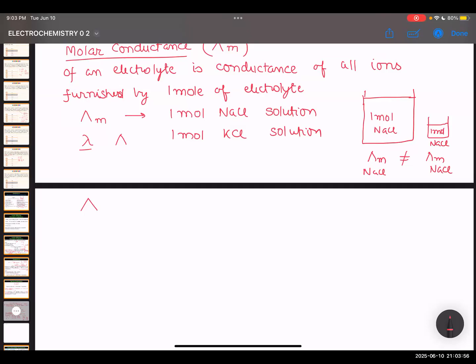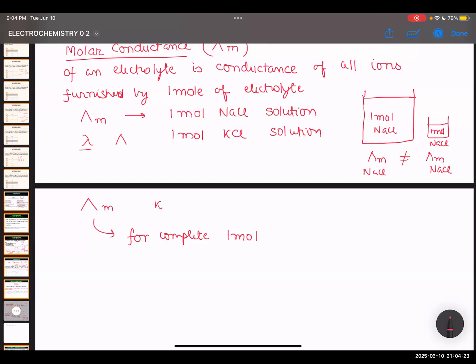So what is the formula for molar conductance? Molar conductance is for complete 1 mole, and this is the molar conductance.